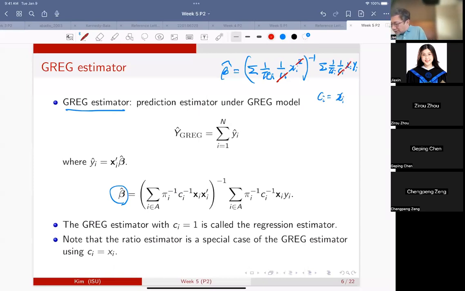Then this indeed becomes equal to R hat. So the ratio estimator is a special case of the Gray estimator for this choice. That means the theory here is very general and covers many estimators.